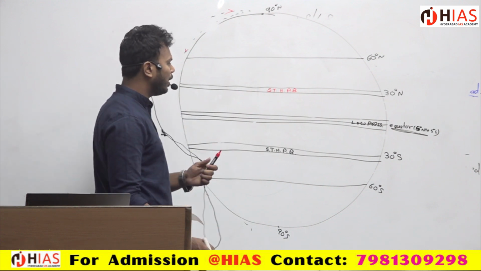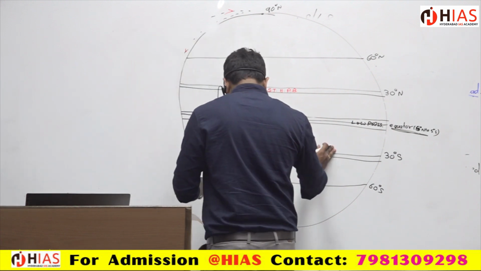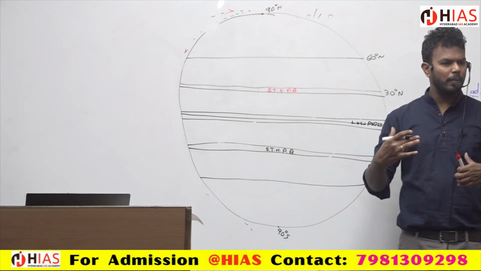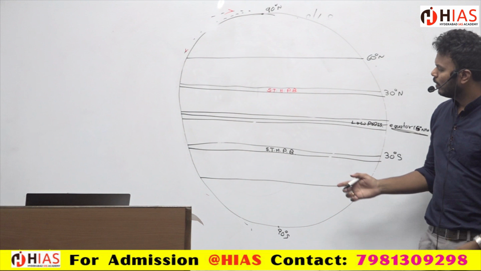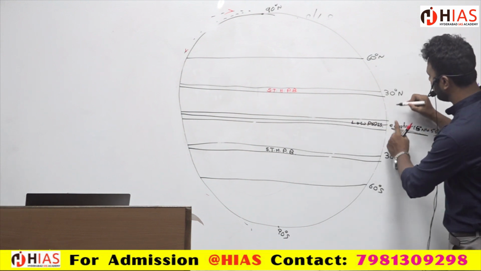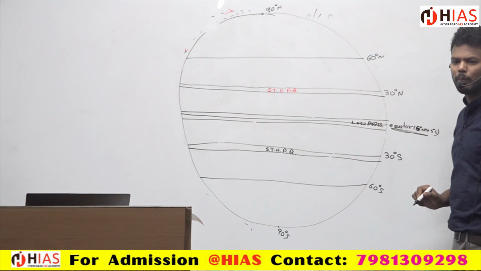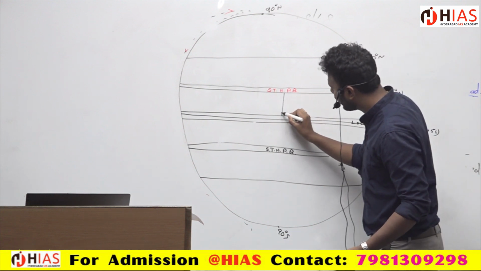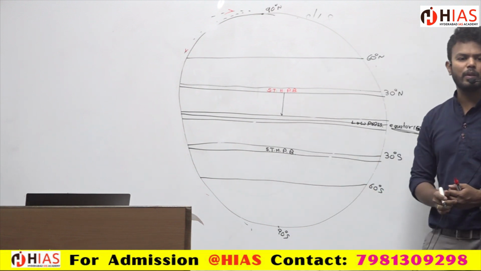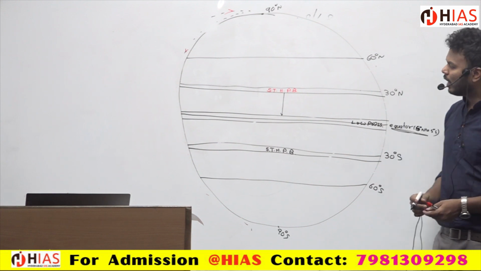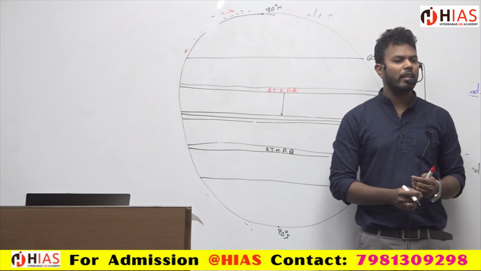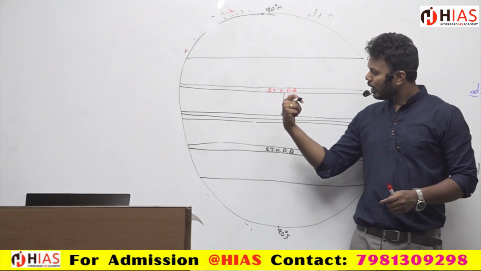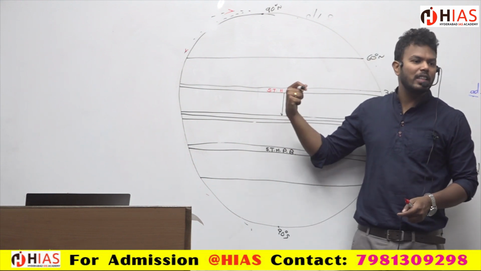So now let us imagine how the winds will travel generally. Wind travels from high pressure to low pressure. So let us compare high pressure and low pressure. Wind will try to travel from high pressure to low pressure. But as I told you, in the north side, it gets deflected to the right side. See, from where is it starting?